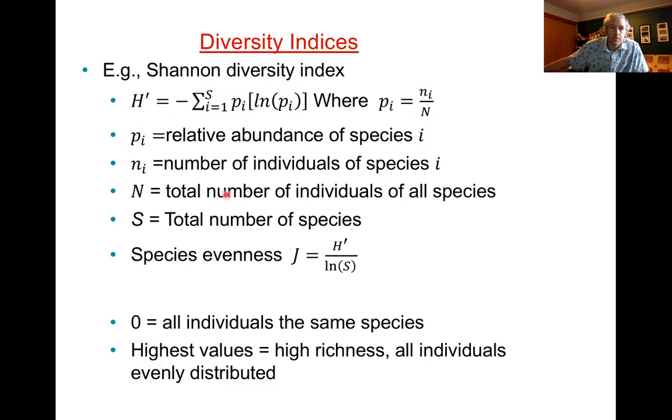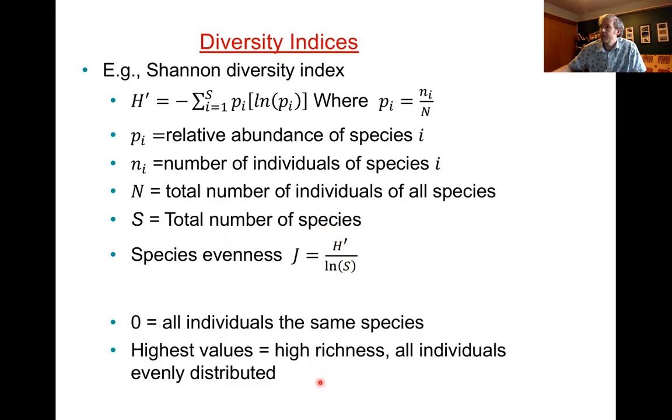N is the total number of individuals of all species. S is the total number of species. And species evenness, we can then back calculate from this value by taking this value divided by the natural log of species richness. If our Shannon Diversity Index is 0, that means all the individuals are the same species, and high values equal high richness and all individuals are evenly distributed.